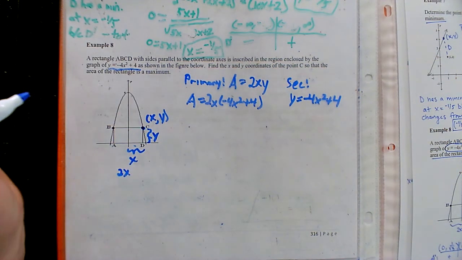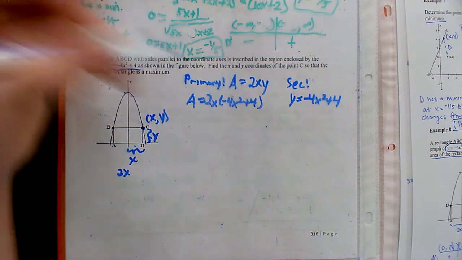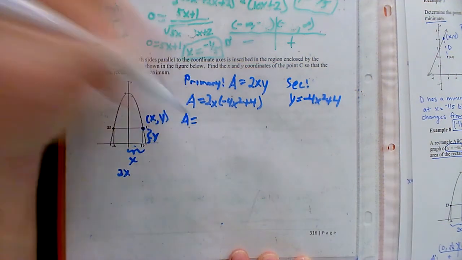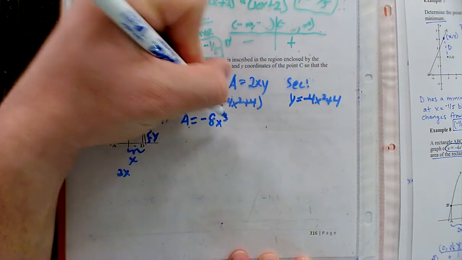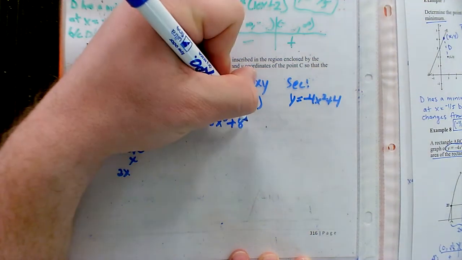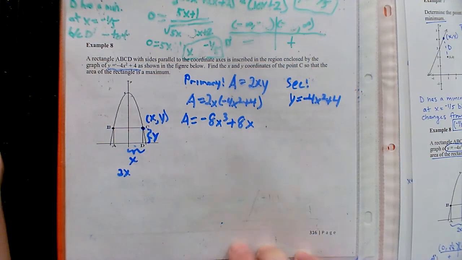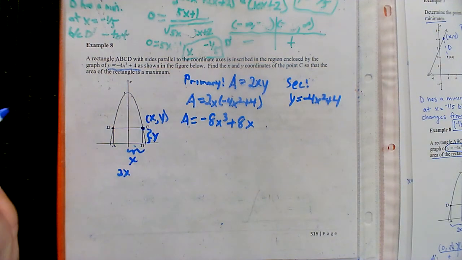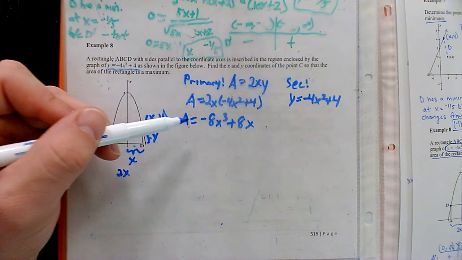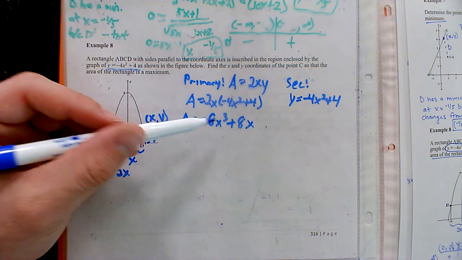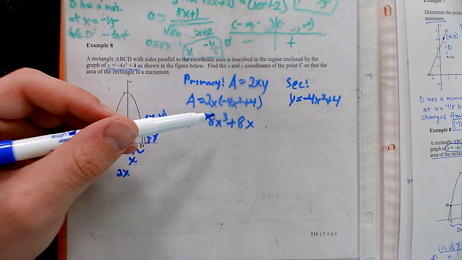And again, start through that simplification process before we take the derivative, because right now we would have to do the product rule, and we don't want to do that. We want to make it as easy as we can. So before I take the derivative, I got negative 8x cubed plus 8x.